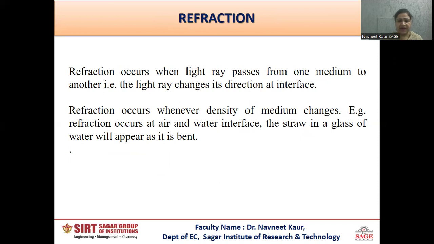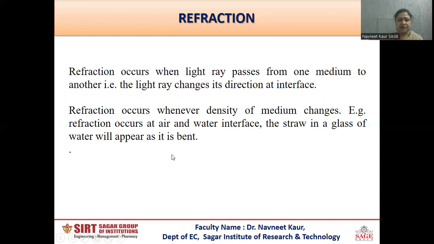Since the refractive indices of both the mediums are different, the light ray changes its direction at the interface of the two mediums. So, refraction occurs whenever the density of the medium changes.